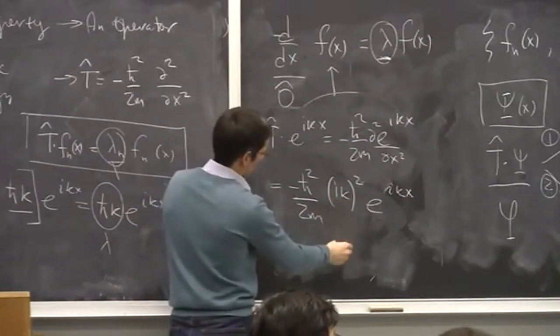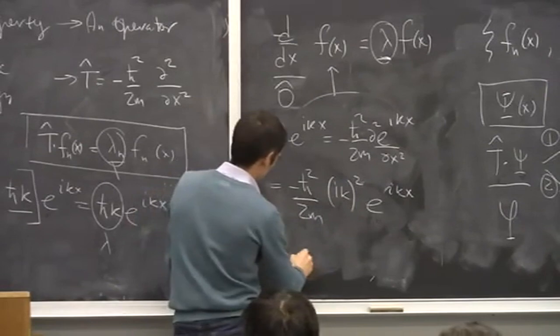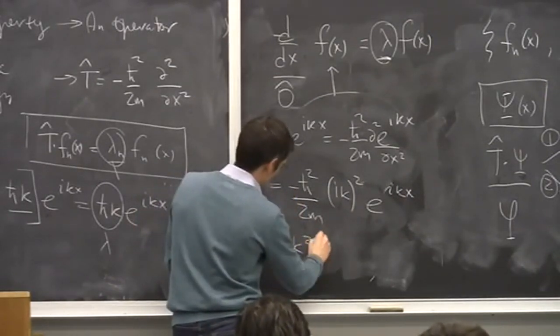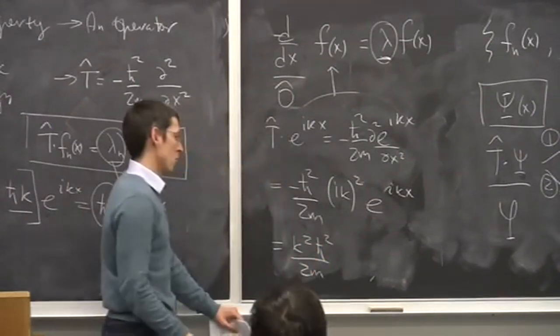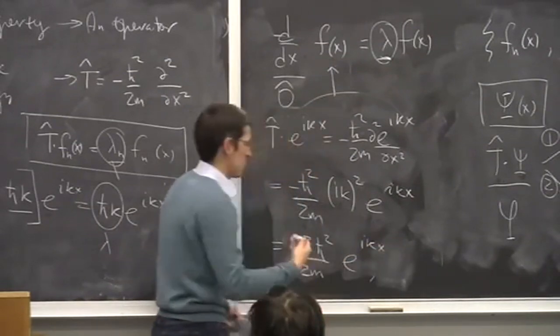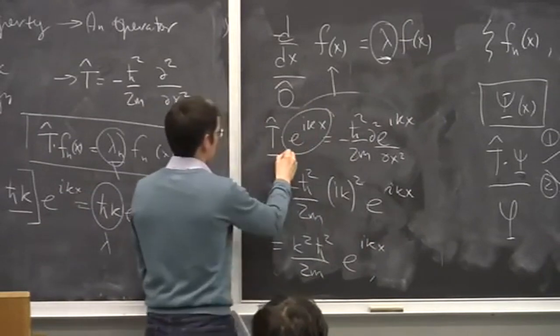So this is minus k squared because i squared is minus 1, right? And with this minus 1 here, we got k squared h bar squared divided by 2m as a constant in front, and e to the ikx as a function. So we acted on a function with an operator.